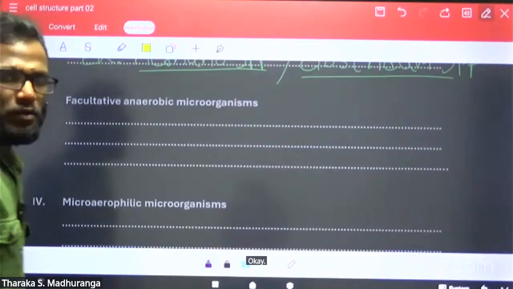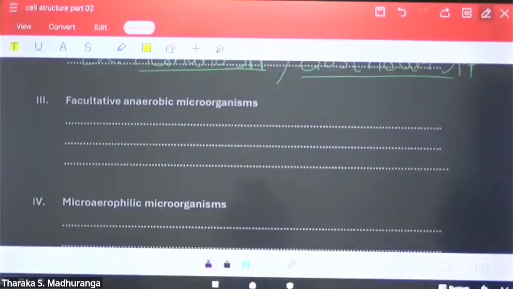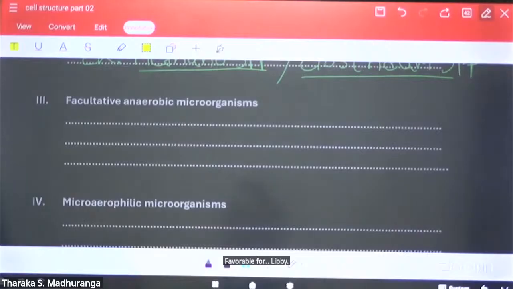Facultative anaerobic microorganism, write down. Oxygen with O2 or without, both environments are favorable for living.